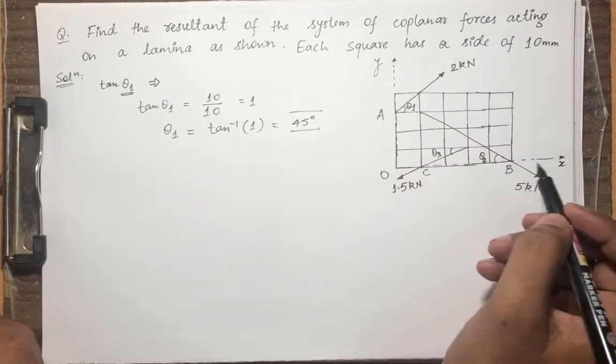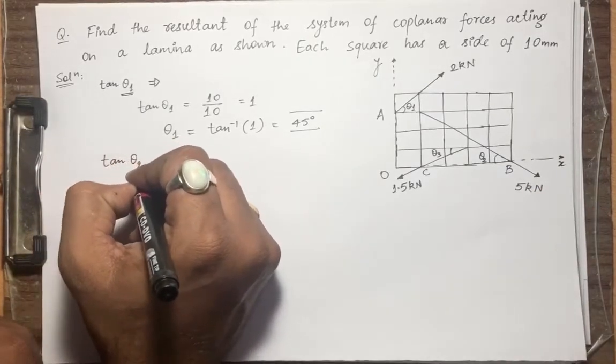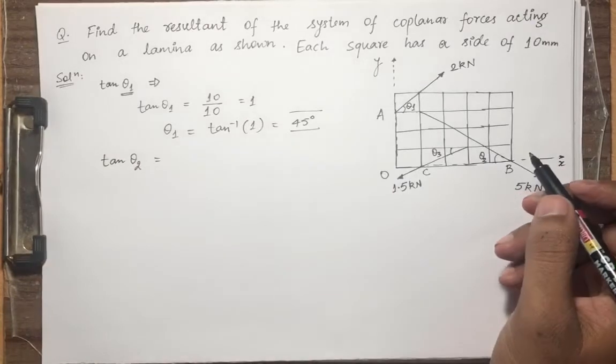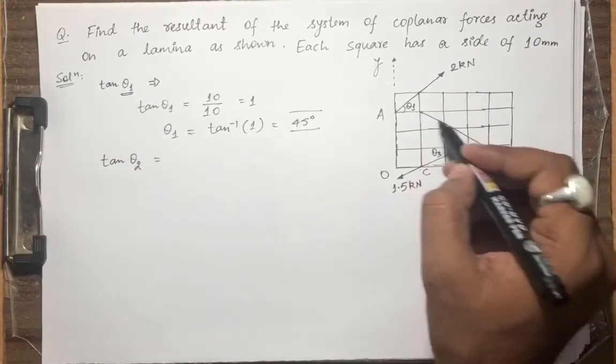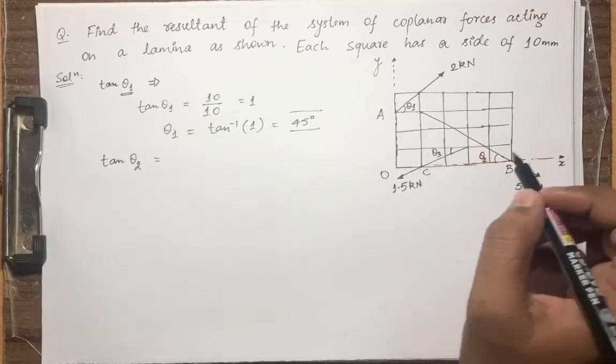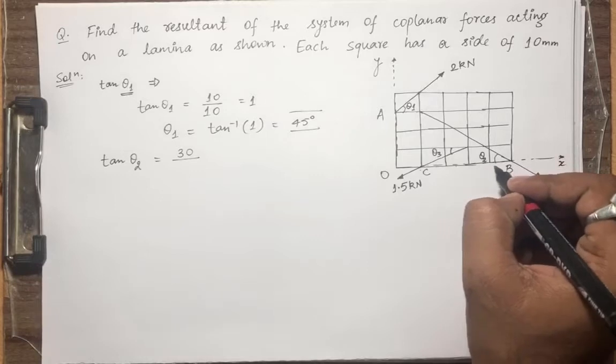Now tan theta 2. I hope you can easily solve it. This is the triangle. This is 1, 2, 3, so 30 divided by 1, 2, 3, 4, 40.